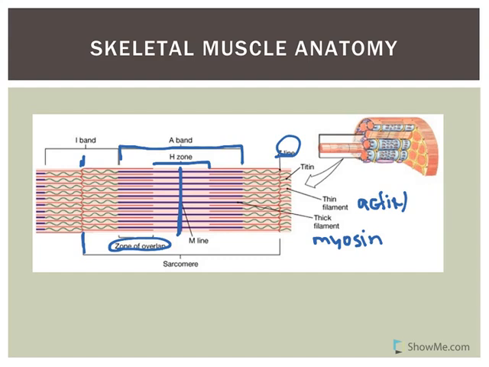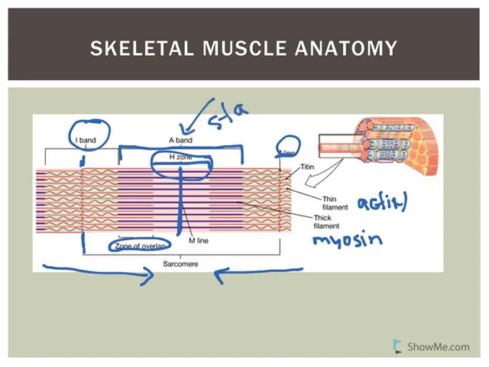What actually happens is actin is going to be sliding in this direction toward the M line. The size of the H zone decreases. The distance of the I band decreases, but the A band stays the same, because it's the length of the myosin.